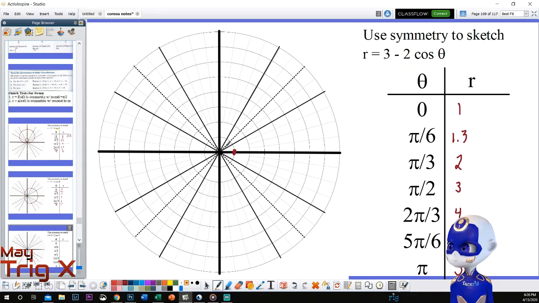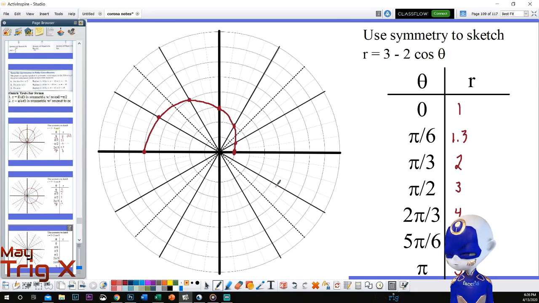0, or 1, 0 technically is right there. Pi over 6 is here. I'm going to go to 1.3. Next line takes me to 2. Next line takes me to 3. Next line takes me to 4. And then 4.7. And then 5. So it looks similar to the last one, except this time we're going the other direction. Hey, not too bad for me.